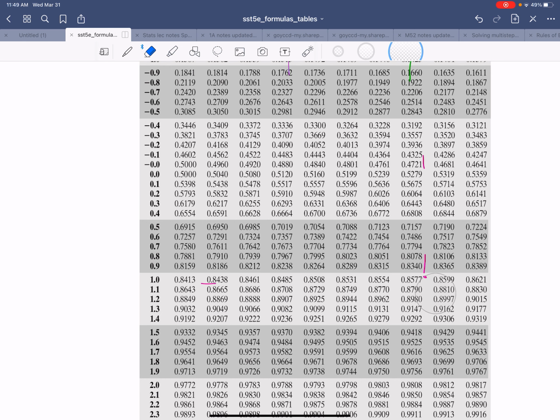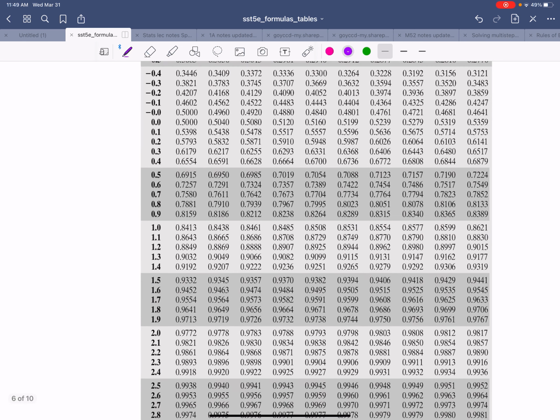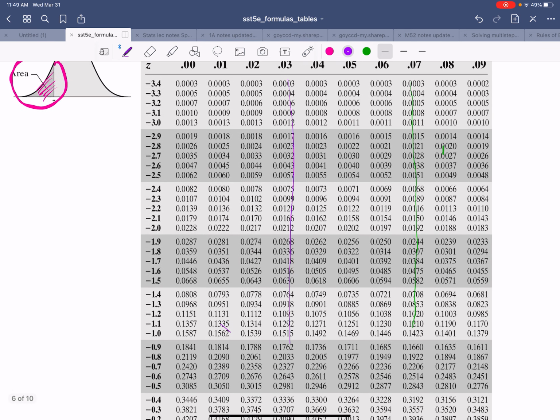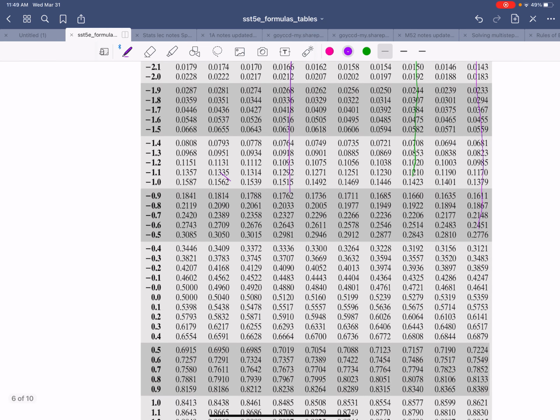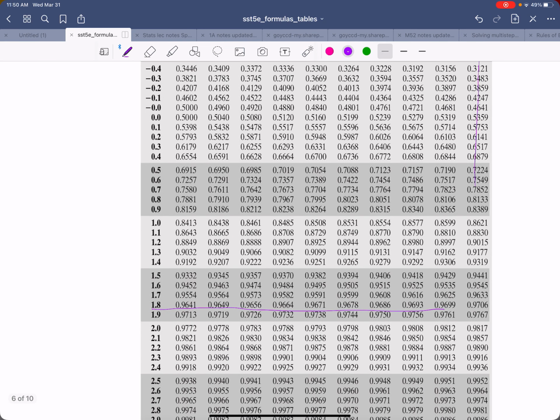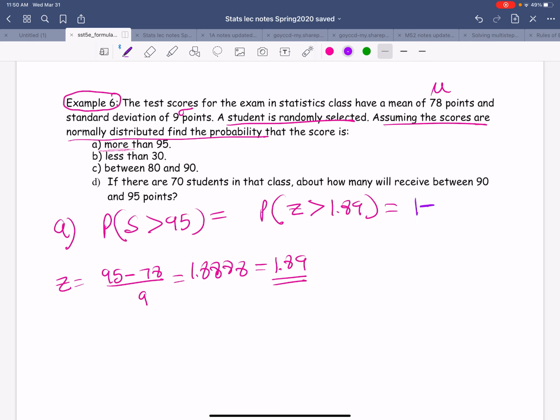let's see, what does the table tell me? 1.89, yep, 0.9706. 1 minus 0.9706 turns out to be 0.0294.